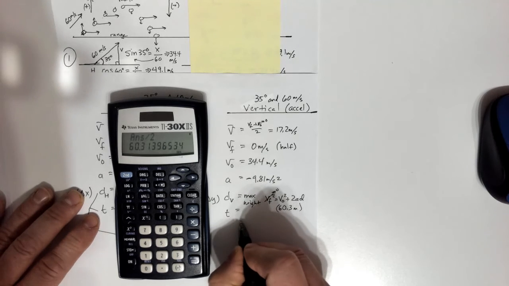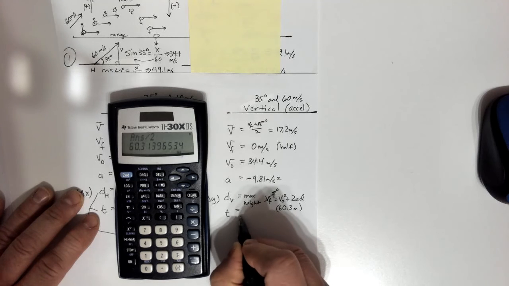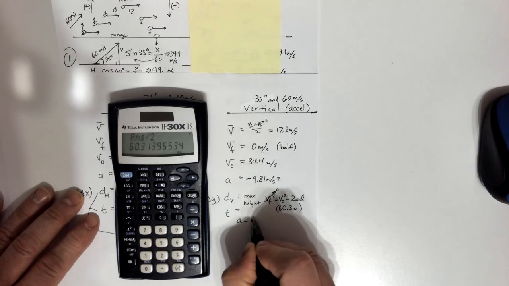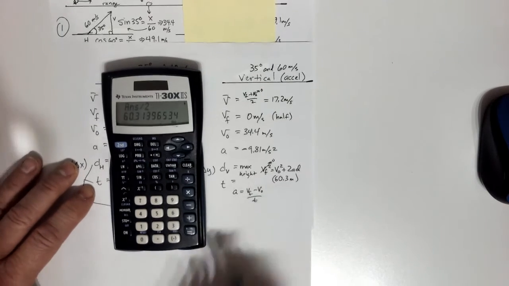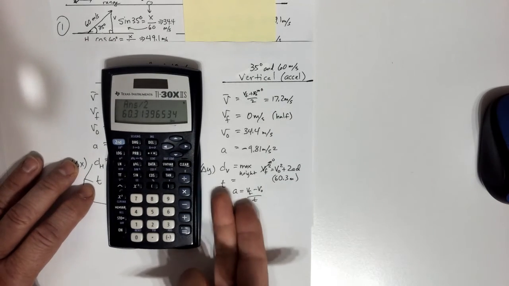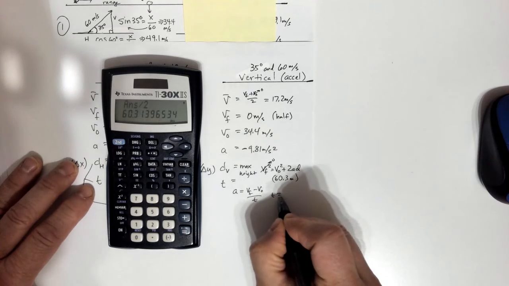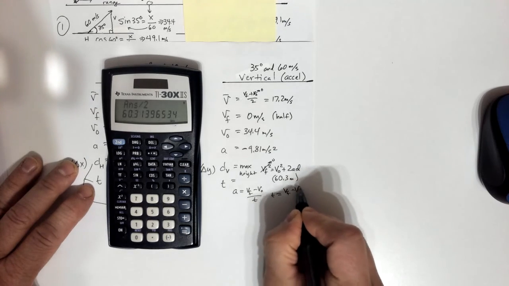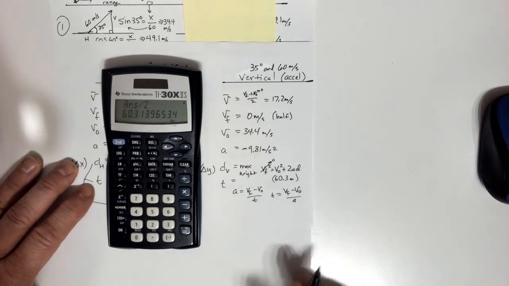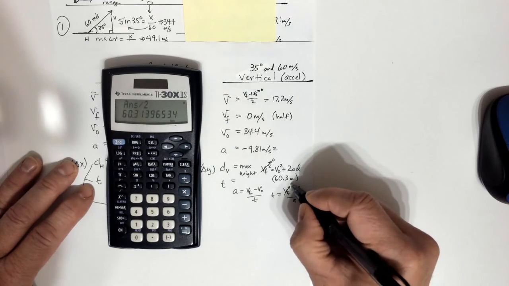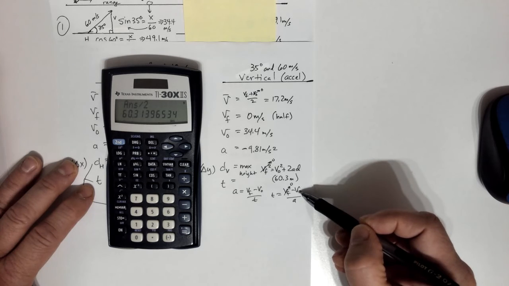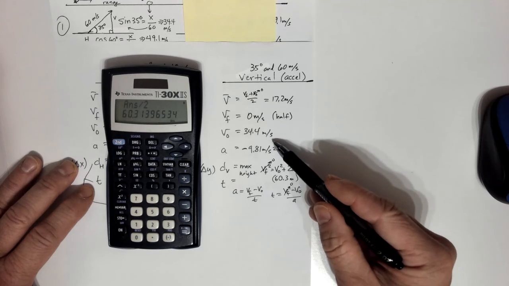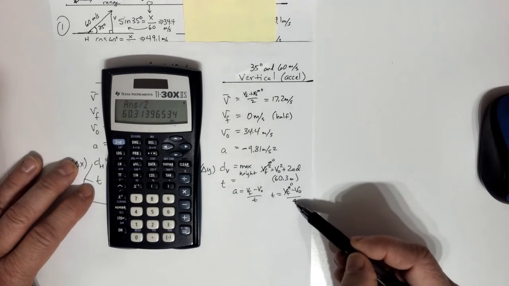And so I'm going to use the equation A equals VF minus V0 over T. Okay? I'm going to switch these two letters around so I get T equals VF minus V0 over A. Remember, VF was 0, so I get a negative V0, which is negative 34.4 divided by negative 9.8.